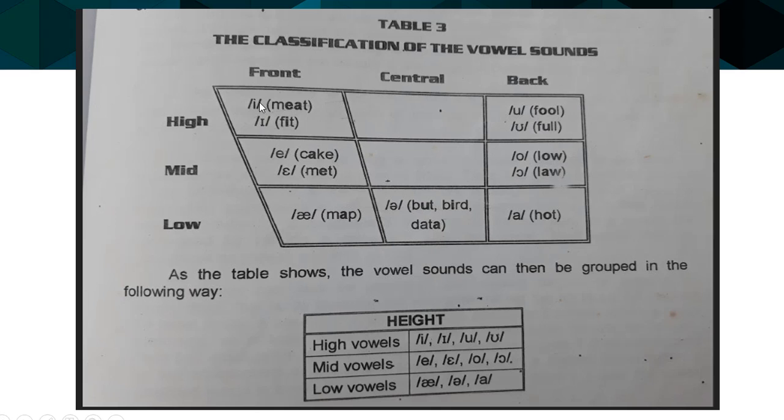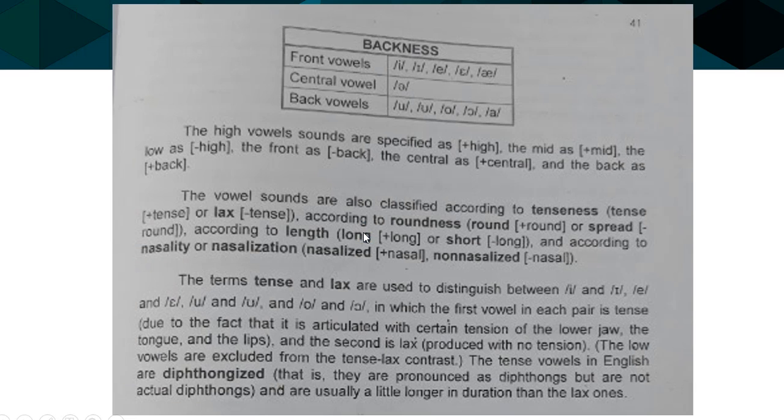You see the tenseness there? It is tense. But what about this? It is lax, okay? It is fit. It is not tense, so that's why it is lax. So as you can see, we have to classify the vowels according to these specific features, okay?